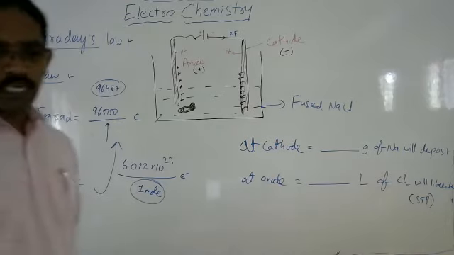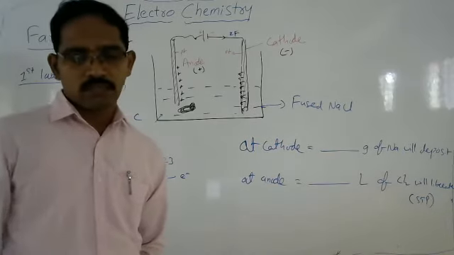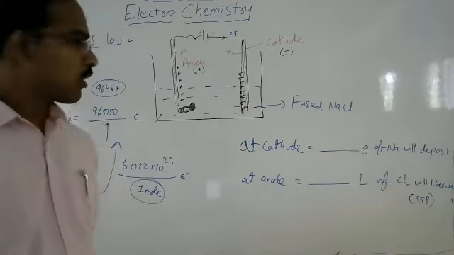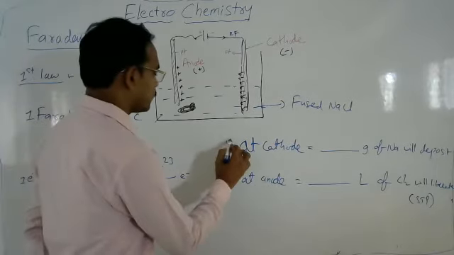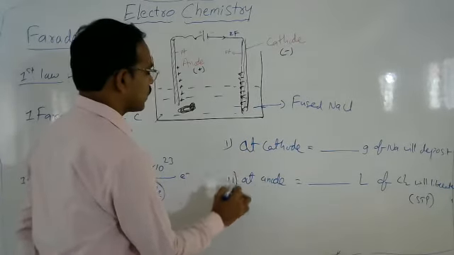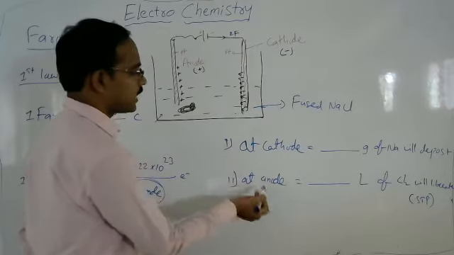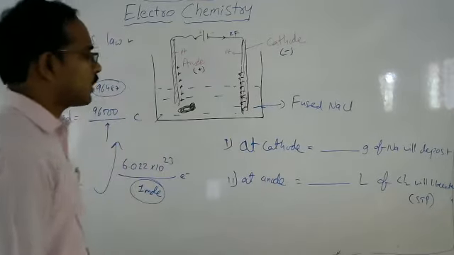Chlorine volume we cannot ask randomly, so that is STP condition. Now give me the first question answer. Second question answer I will explain, it is little tricky. First one you can give easily.